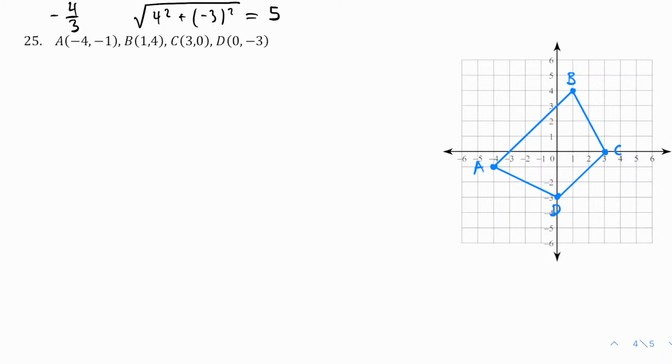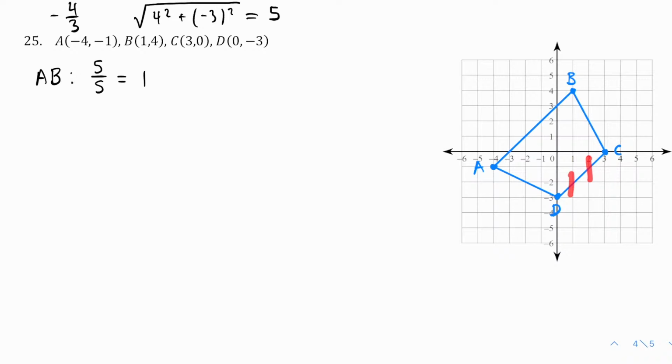And one thing I can tell, these sides look pretty parallel. We can double check. This one has a rise of 1, 2, 3, 4, 5. And a run of 1, 2, 3, 4, 5. So AB, the slope is 5 over 5, which reduces to 1. And then on CD, the rise is 1, 2, 3.